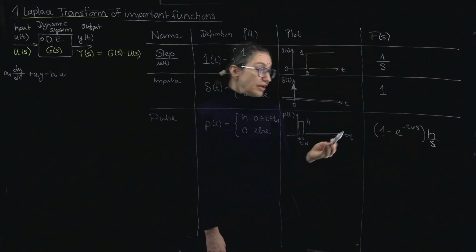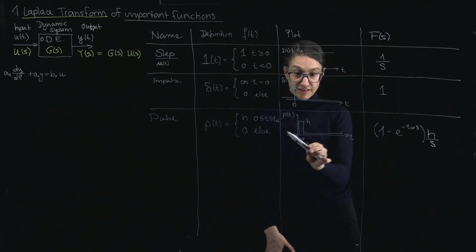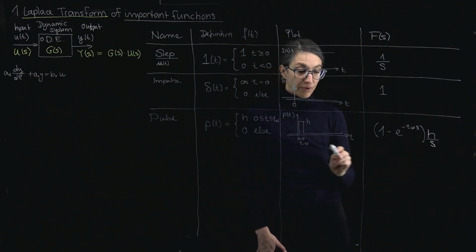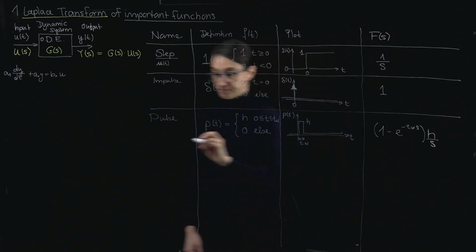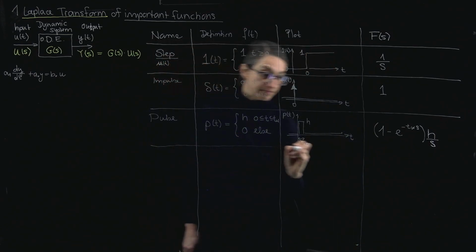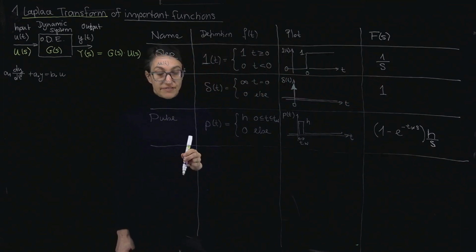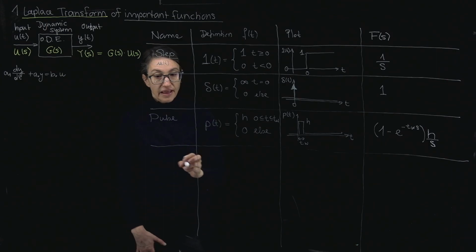So this is effectively the step going up, and this is the step going down with a time delay. Okay, so that's something we would like to have as an input function.